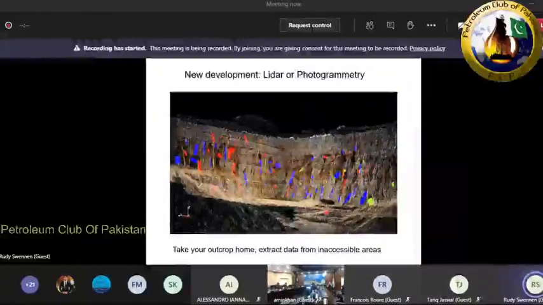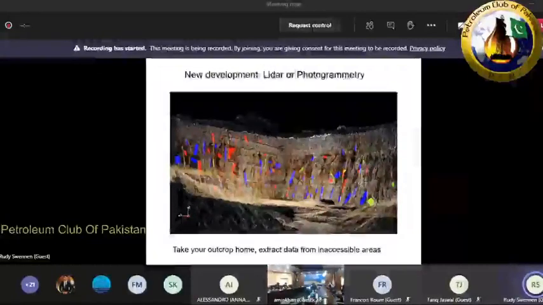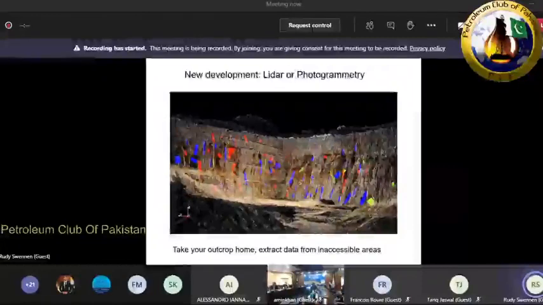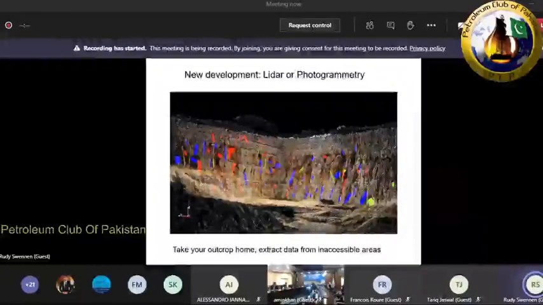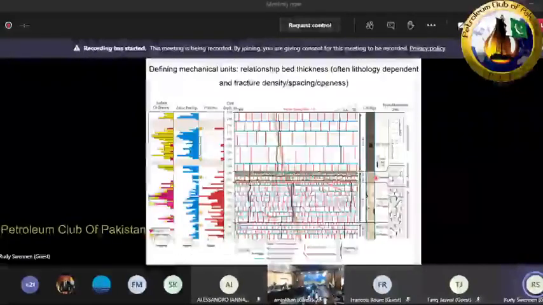In this case, you can map out the different planes that are present, the orientation of the different planes, and you can do a statistical analysis. And also quite important is that you can reach areas which are inaccessible to take measurements, and by this you will increase the amount of data that you can collect. You take the outcrop home, in fact, which is always quite interesting.